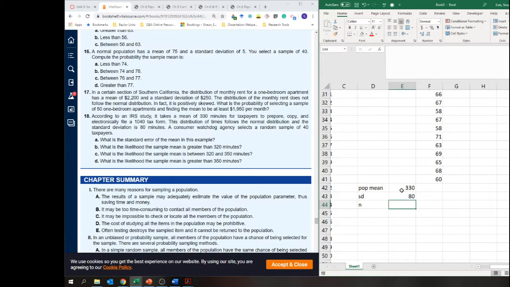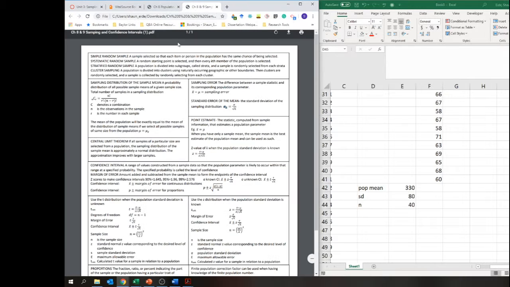A consumer watchdog agency selects a random sample of 40. Now we need to determine what the standard error is. Standard error is, like I said, the same thing as the standard deviation, just dealing now with grouped data instead of individual data.